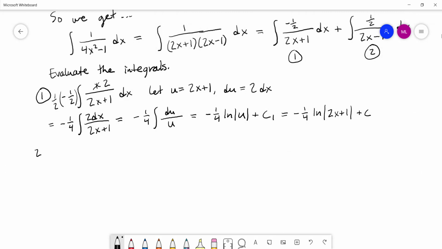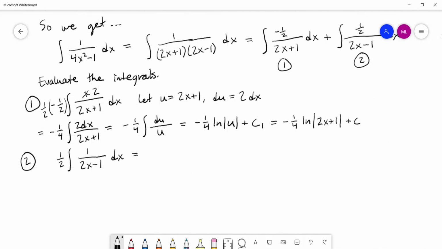So for the second integral, I'll pull that 1/2 out in front. We've got 1 over 2x minus 1 dx. Do the same thing. I'm going to let u, in this case, be equal to the whole denominator, 2x minus 1. Du will still just be 2 dx.